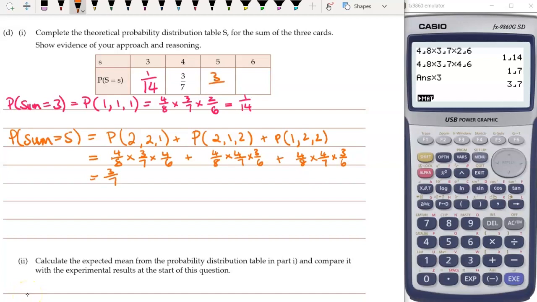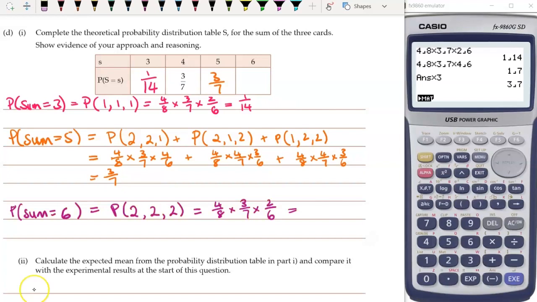So that also comes to 3 sevenths. And then to get a sum of 6, we'd have to do 2, 2, 2. So there's only one way to do that. That'll be 4 eighths, then 3 sevenths, and 2 sixths. Same as what we had for this one just up here. I just switched colours to make that easy to reference what we're doing there. So we've got a 1/14 in that final one.